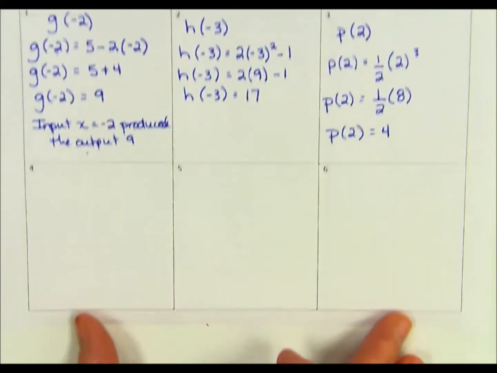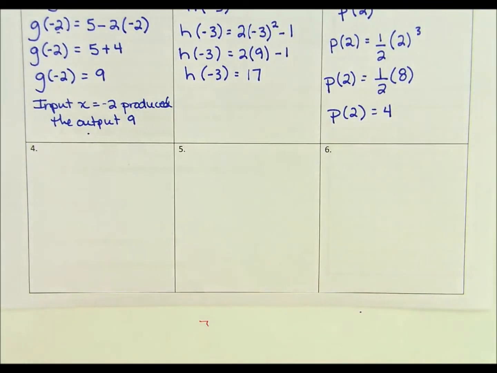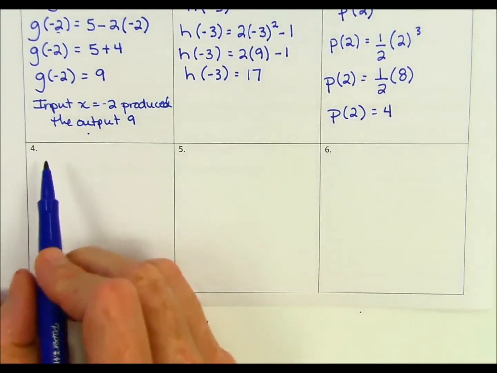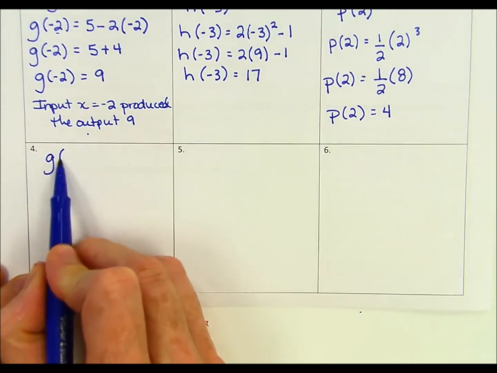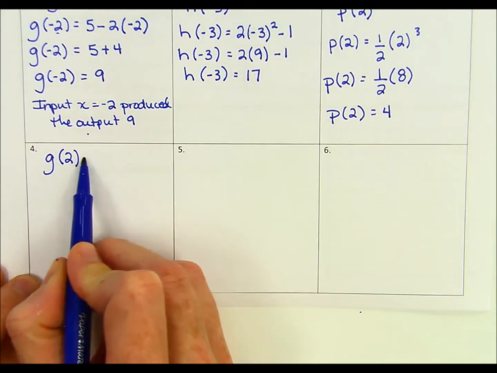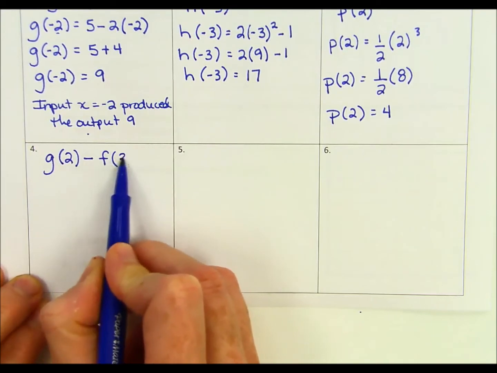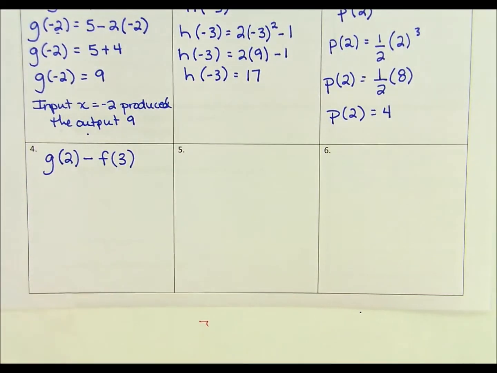Now, for the next questions, we are actually going to do multiple problems at one time. So for number 4, I'm going to ask you to do g of 2 subtract f of 3. Now, do not let the notation confuse you. The easiest way to accomplish this problem would be to do 2 separate problems.